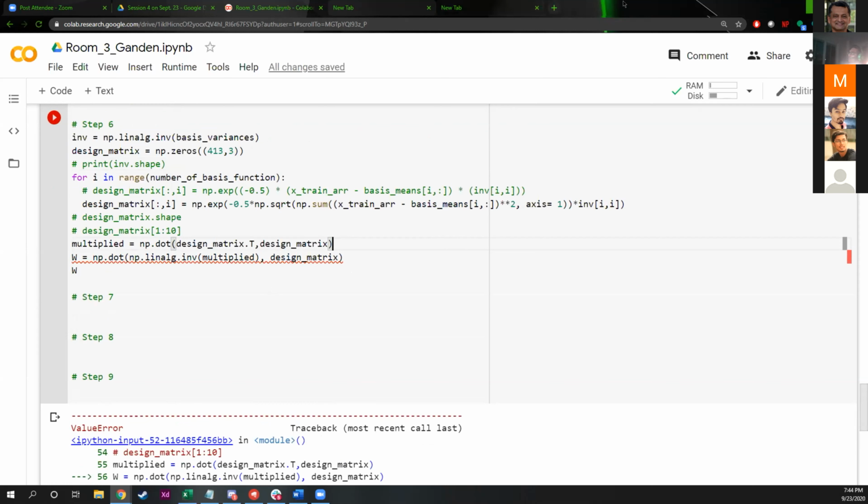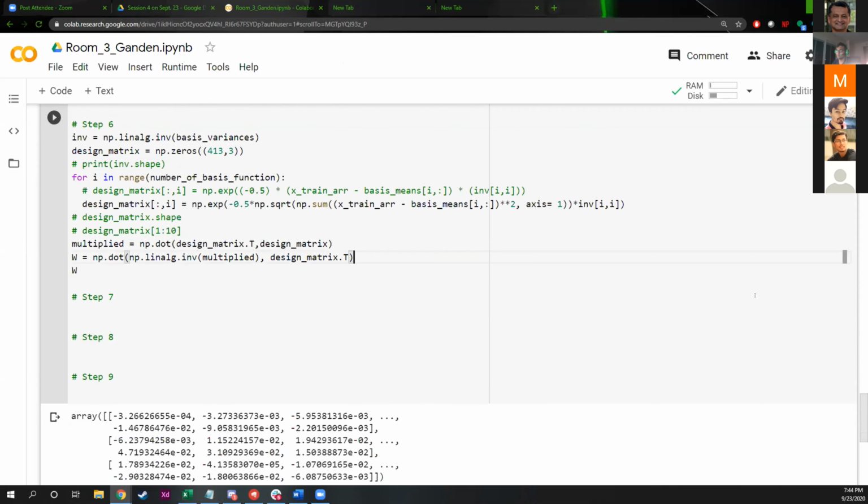You do have remote control, so feel free. Okay, design matrix dot t. I'm missing the transpose. Gaurav, I'm missing the transpose. Design matrix, the last one. Here? Yep.